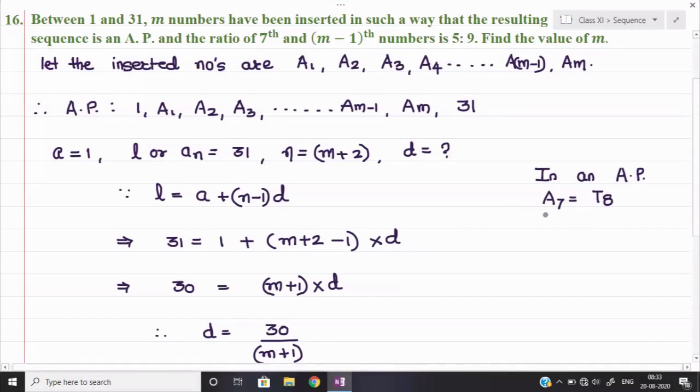Now, am minus 1 will be the third last number in the sequence.